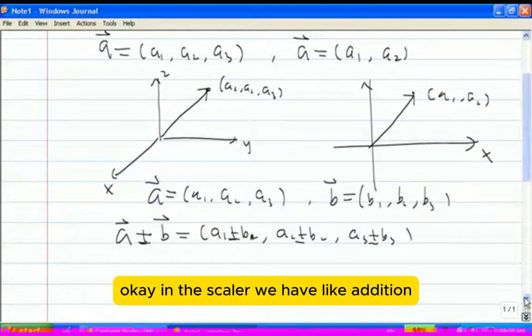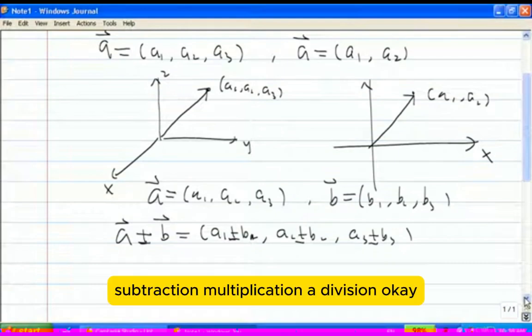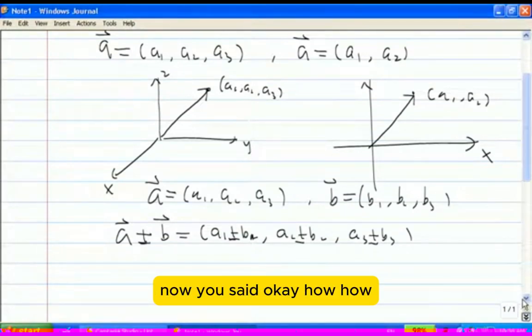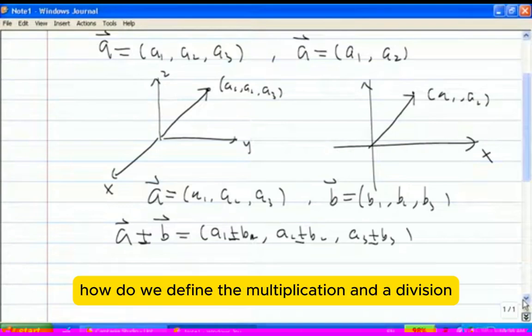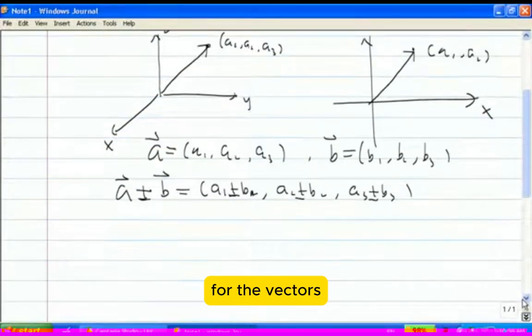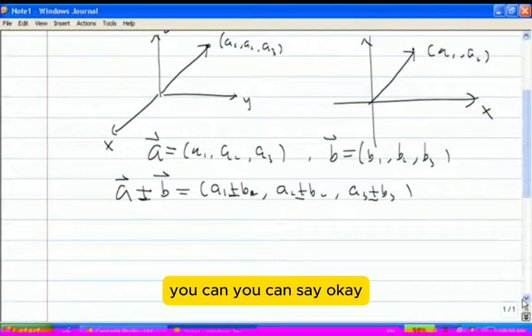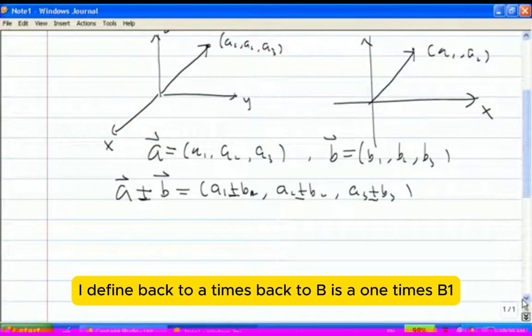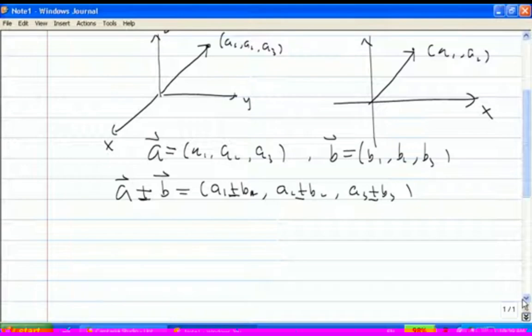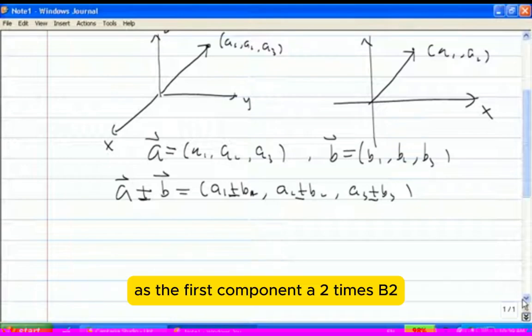With scalars, we have addition, subtraction, multiplication, and division. Now you ask, how do we define multiplication and division for vectors? You can say I define vector A times vector B as A1 times B1 as the first component, A2 times B2, and so on.